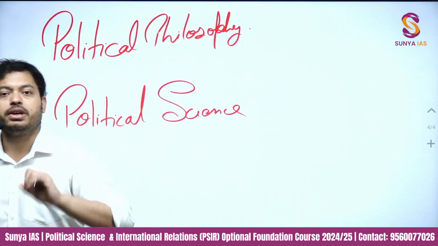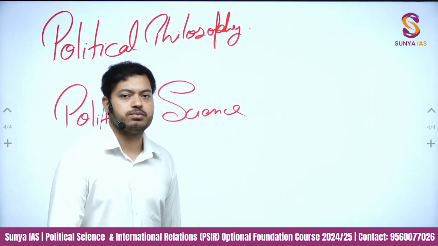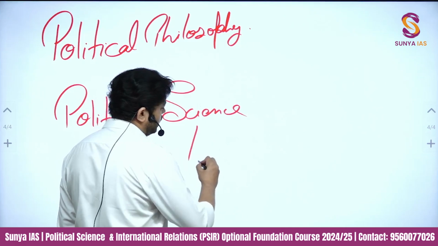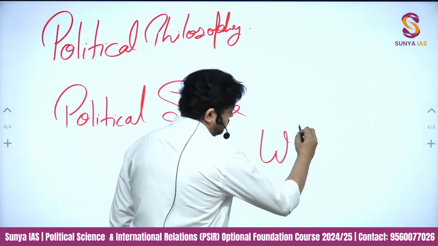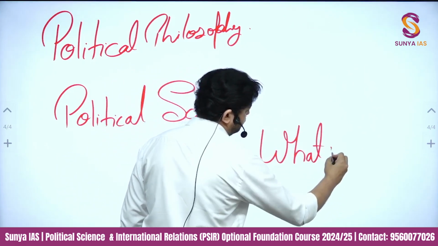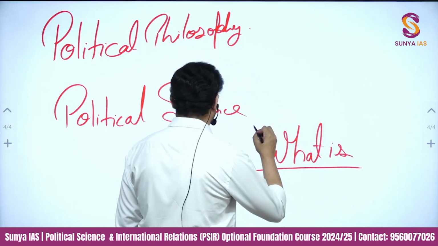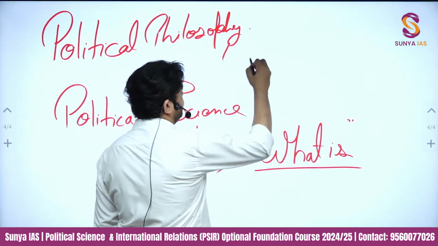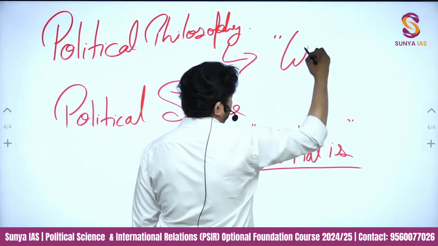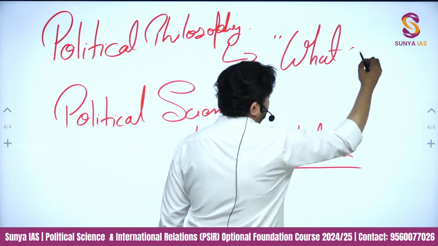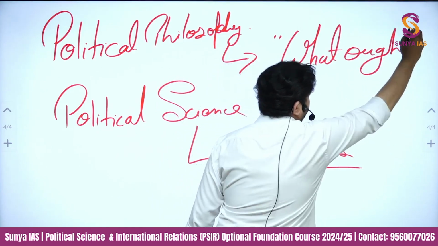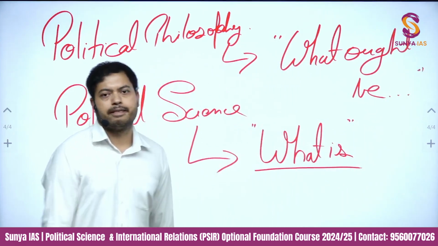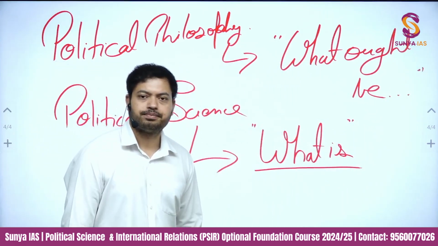What ought to be is where political philosophy comes into the picture. Always remember this: what is, is where political science is important. Political philosophy is something which talks towards what ought to be, क्या होना चाहिए. Fine, keep this in mind.